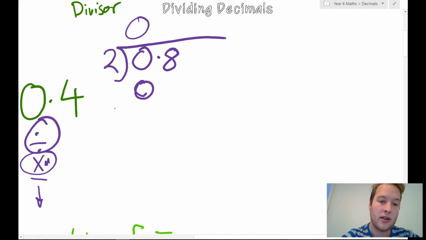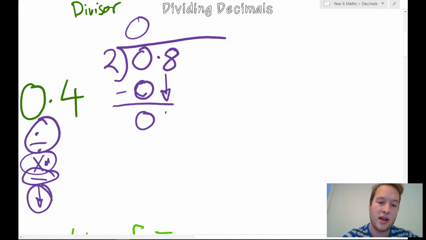And now I take away: 0 take away 0 equals 0. Now I bring in my arrow, which means I bring the 8 down, and now I'm doing 2 into 8. Because I've got this decimal right here, I need to put the decimal in now because I'm up to that decimal.